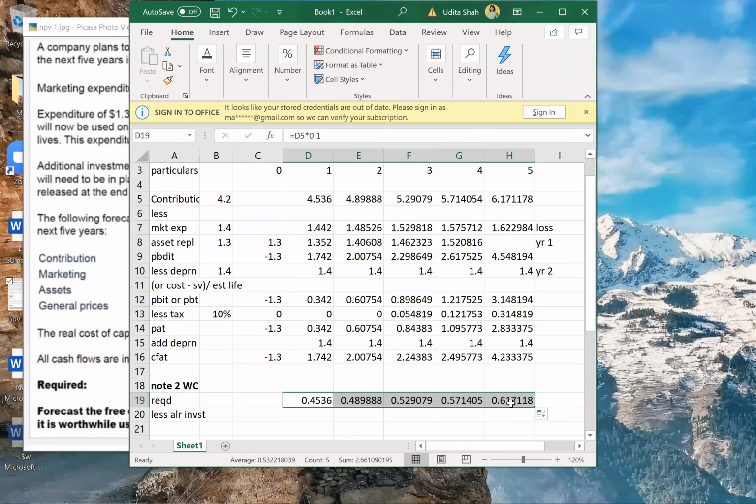So working capital required for years 1, 2, 3, 4, 5 is 10% of contribution, minus already invested. Here, how much have I invested? This is investment in year one.